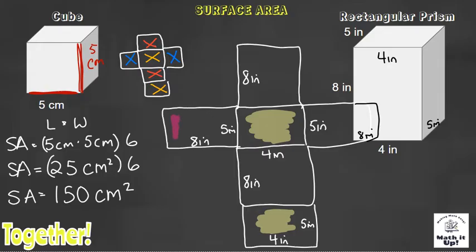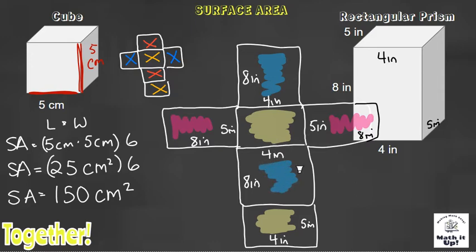We have this side that is 8 by 5 matching here. We have this side that is 4 inches by 8 inches, and I can mark that one in here because this 4 inches is the same all the way through.